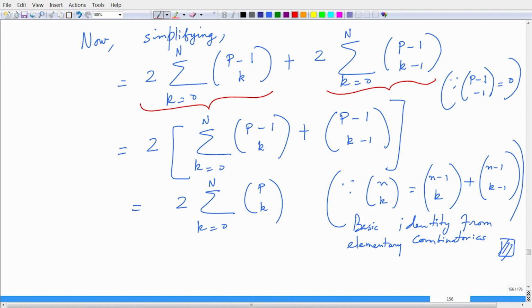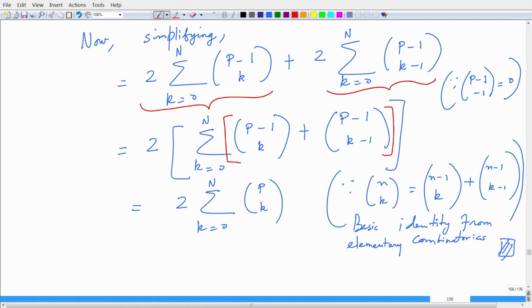Now this is valid, so we pull the 2 out, and since we have 2 summations, we group them together. This is the summation from k equals 0 to n of (p minus 1 choose k) plus (p minus 1 choose k minus 1), where the summation is within the 2 red braces.